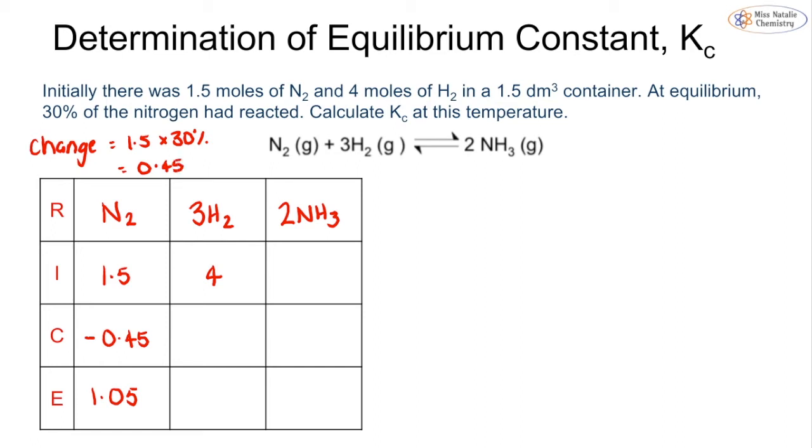My number of initial moles of the ammonia is of course 0, and that must be going up by the 0.45 times the coefficient of 2, which would bring you up to 0.9. For the hydrogen, it is coming down by 0.45 times the coefficient of 3, which will bring your equilibrium moles to 2.65. I can of course work out the concentrations by looking at my volume of 1.5, so I divide each of these by 1.5.